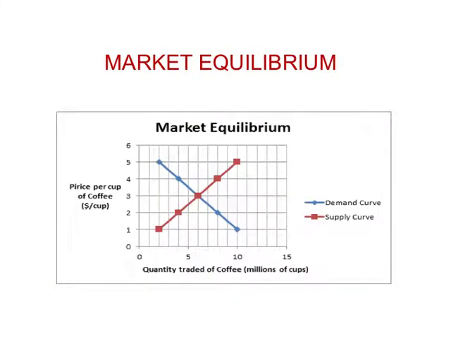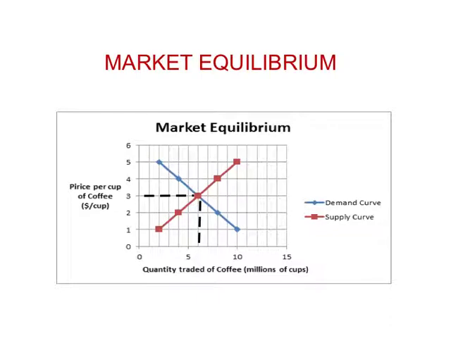Now this diagram is based off the information we had in the previous slide, and here look at a price of $3 per cup. Here what is demanded is 6 million cups of coffee, and what is supplied is also 6 million cups of coffee.